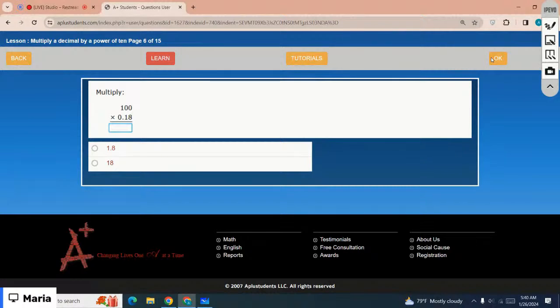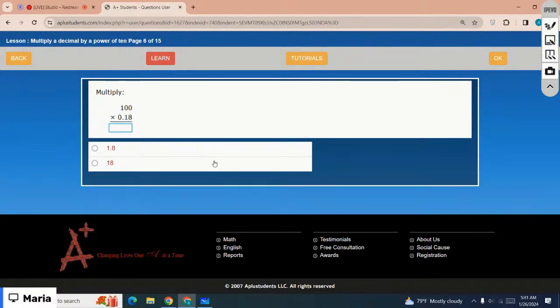The next one is 100 times 0.18. So, which is the correct option? The correct option is 18.